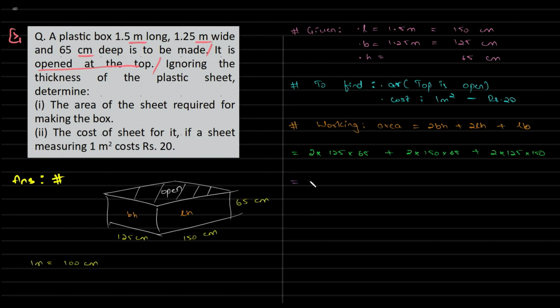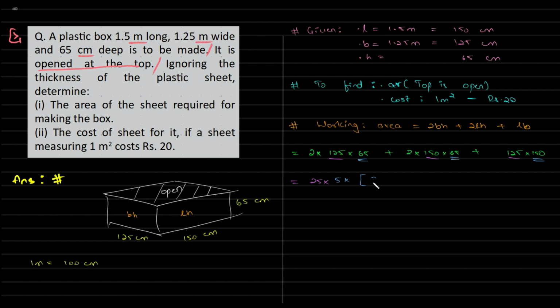And now the calculation part. Be smart, calculate things by taking common and things. So in all of this, what is common? 25 is common. In all of this, 65, 65 and 150, 5 is common, right? Oh yeah, there's no 2 over here, sorry.